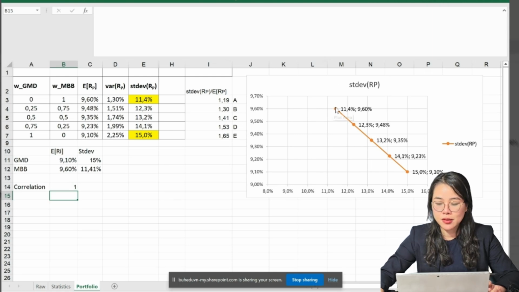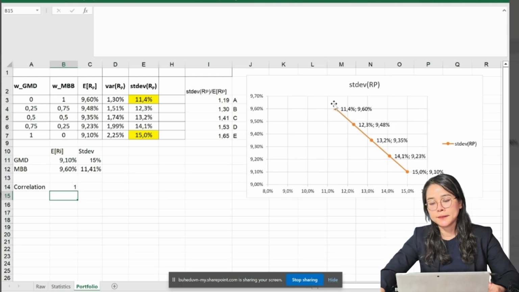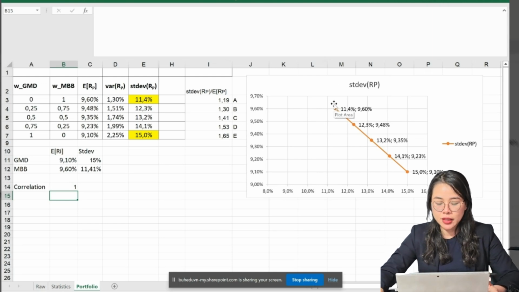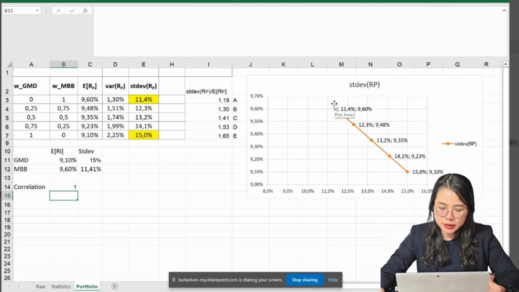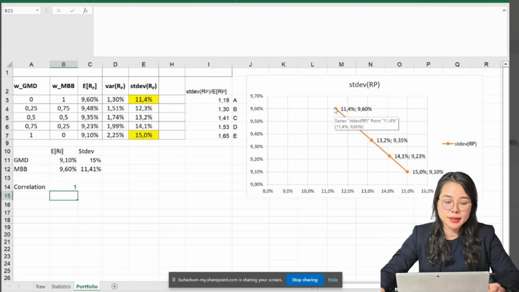There is no optimal portfolio. I mean, there is no combination between GMF and MBB that has a higher return for a given level of risk, or a lower risk for a given level of return.